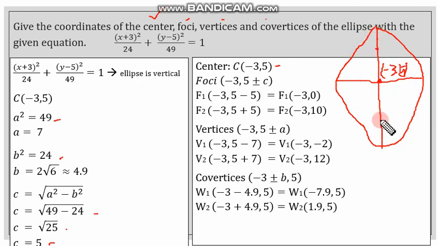So here is the foci, here is the vertex, and the co-vertices. It means that our foci and vertices are along the major axis, the vertical major axis. So this is c, while the length from the center to the vertex is a, and from the center to the co-vertex is b.